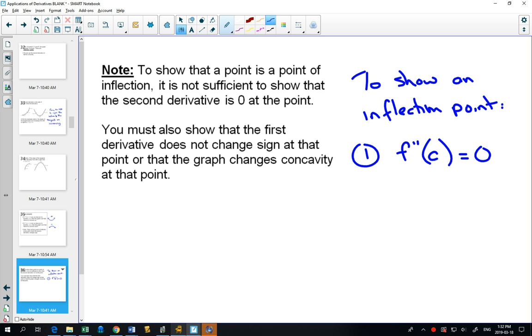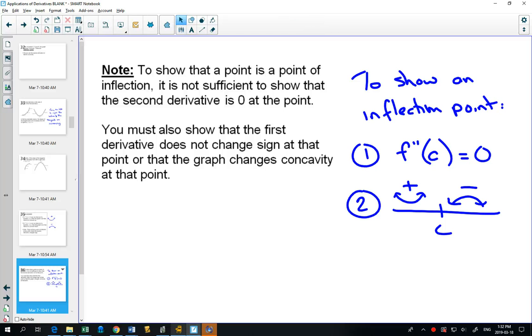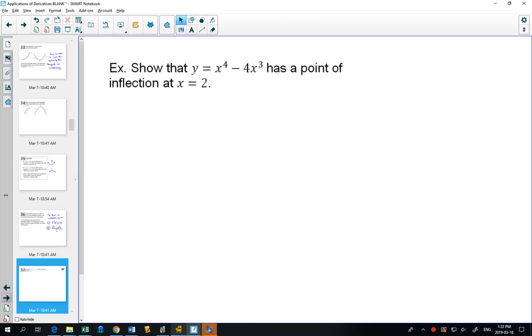And two, you need to show that at point C, it changes from being positive to negative or negative to positive. In other words, it changes concavity at that point. So the second derivative has to be equal to 0, and you need to show that it changes from positive to negative.